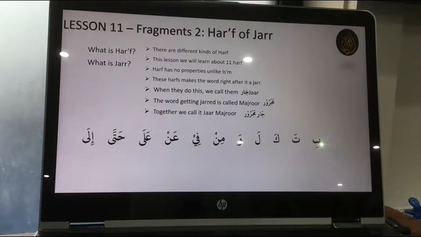B means with, and the next word that comes is a jar. So if I write B kitab, the kitab becomes a jar, kitabi, because this B makes the word a jar.